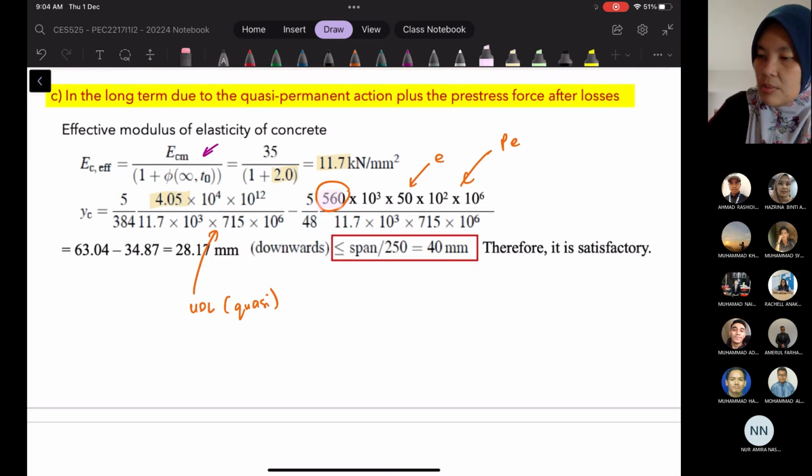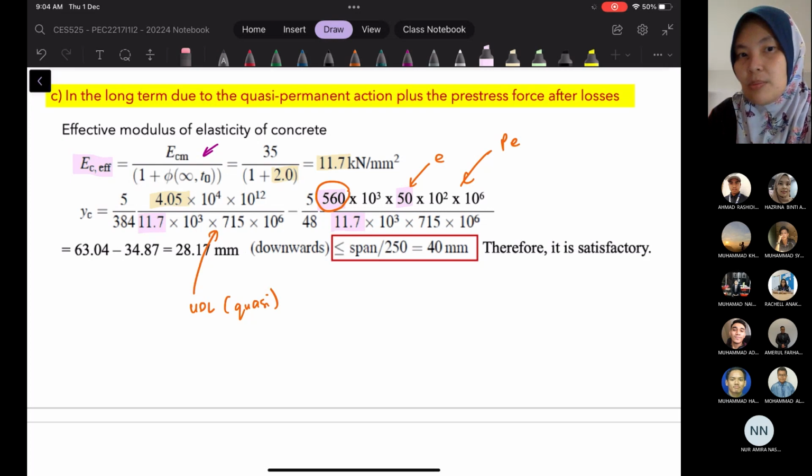We see that we have P and also E here. The other values, since we consider creep, the EC value will also change. So this is the EC value: instead of using 35, now we are using 11.7 kilonewton per millimeter square. So there is a change there. We do not use the same value.